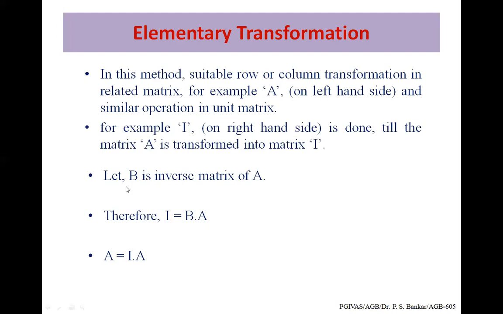For example, let B be the inverse of matrix A. Then the multiplication of the inverse matrix B and the original matrix forms the identity matrix, isn't it? So here the inverse sign has to be left. A is the multiplication of the identity matrix into the inverse matrix.